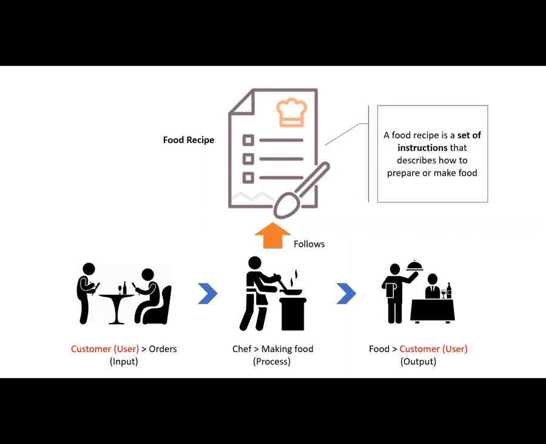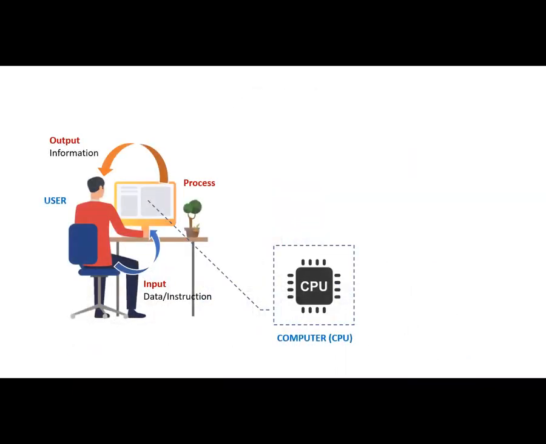So we are talking about programming. Then what is the relation between recipe and programming? Can you have some idea? Okay, let's find out. If we turn to the computer, what is the process of the computer?